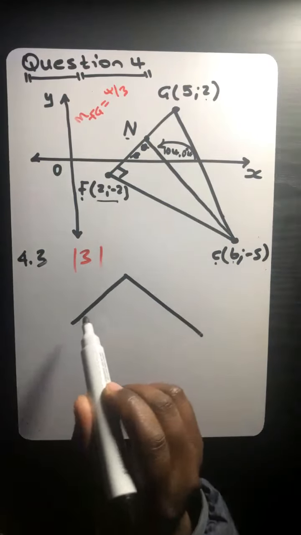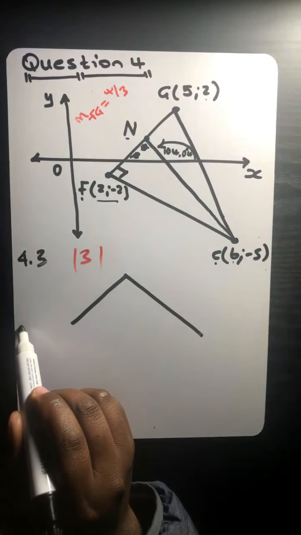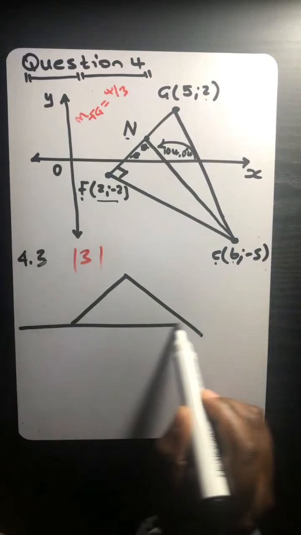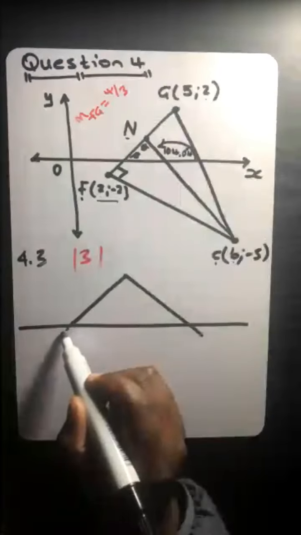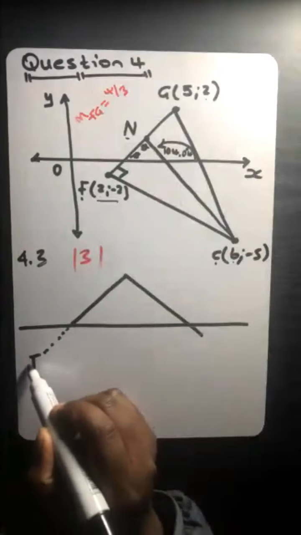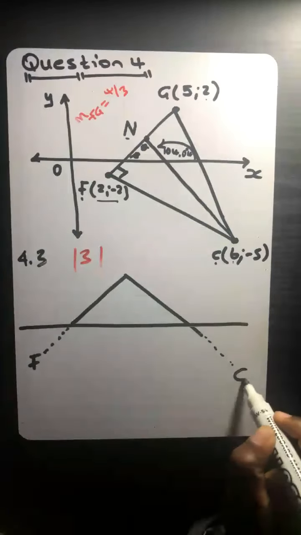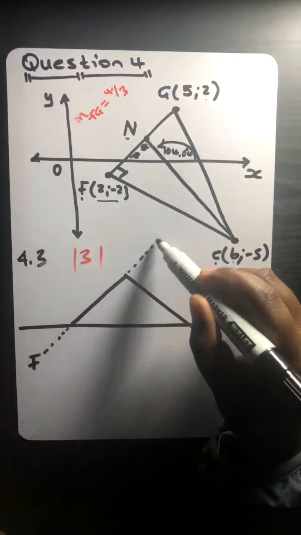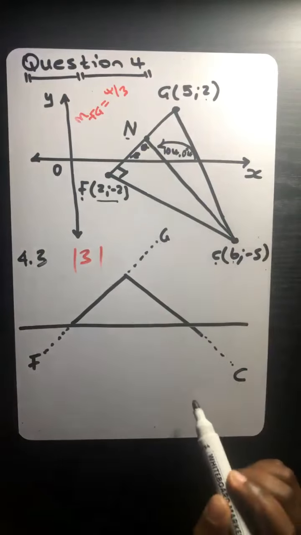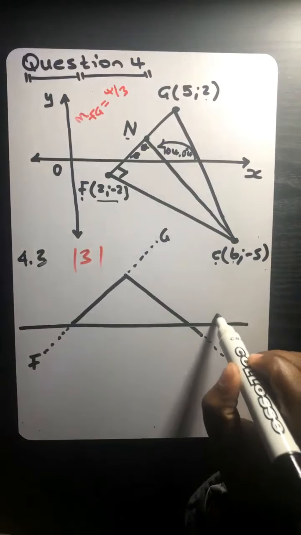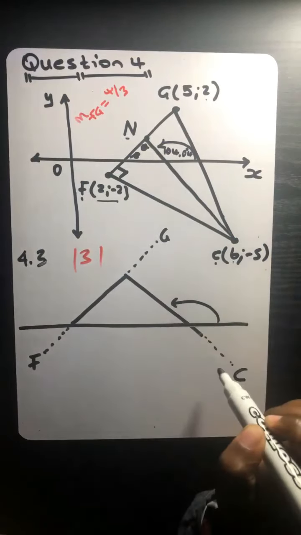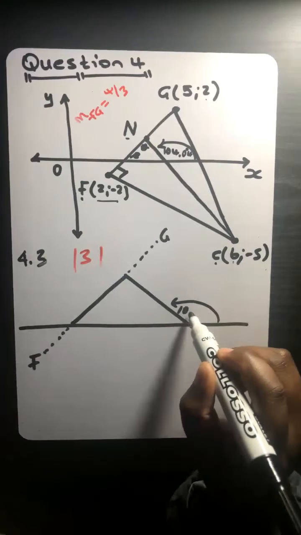We also have that axis over there. This is the line that extends up to F. This one extends up to C. This one extends towards G.